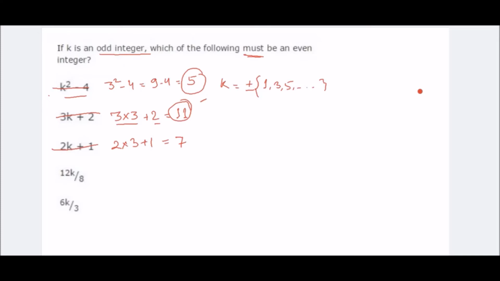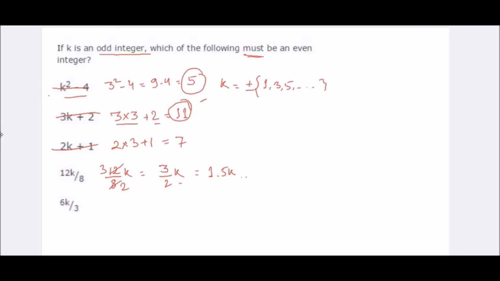Next, instead of putting the k value, first we will make it simple, then we will consider the k value. 12 by 8k will become 3 by 2k. So if we put a k value, it will always come in decimal form, that is 1.5k.